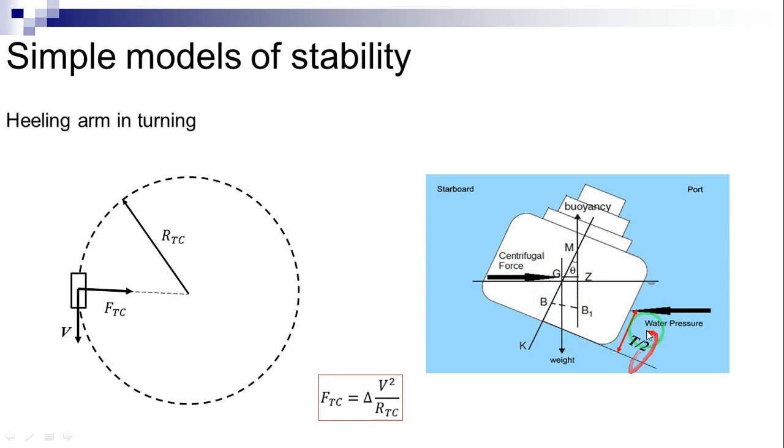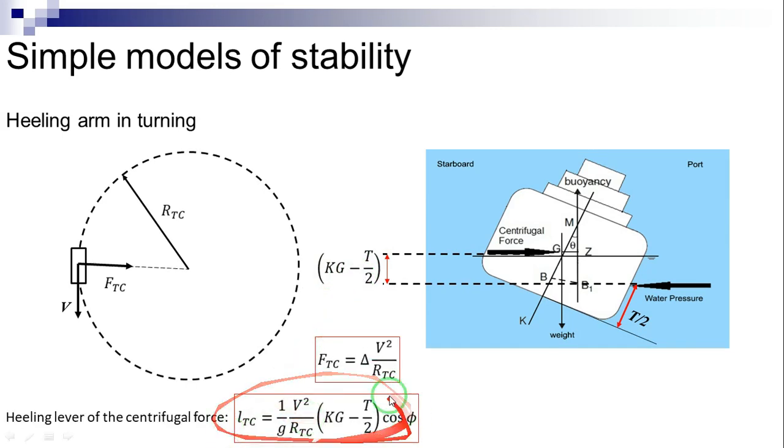The two forces FTC and R form a torque whose lever arm in upright condition is kg minus T divided by 2, as shown here. For a heeling flat ship, this lever arm is proportional to cosine of phi.